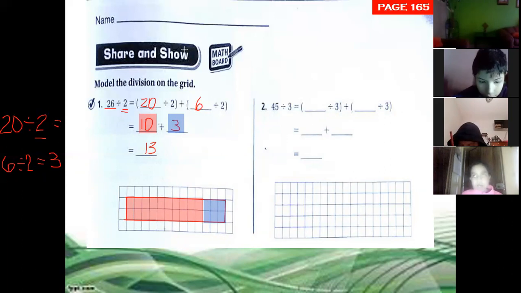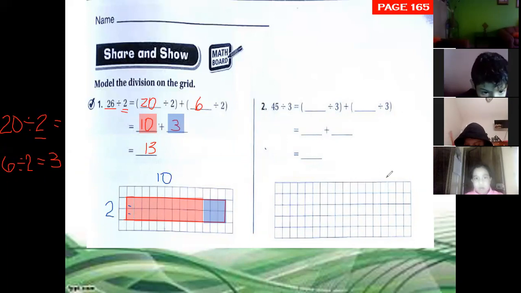Let's label them. How many rows are here? 2 rows. How many columns are in red? 10, exactly.